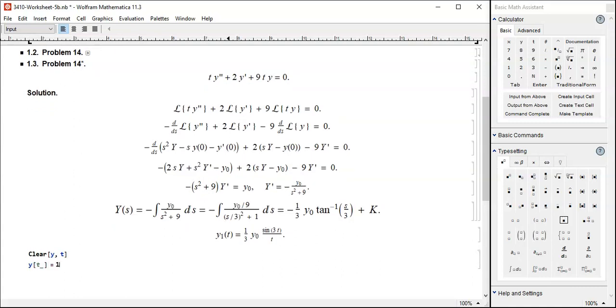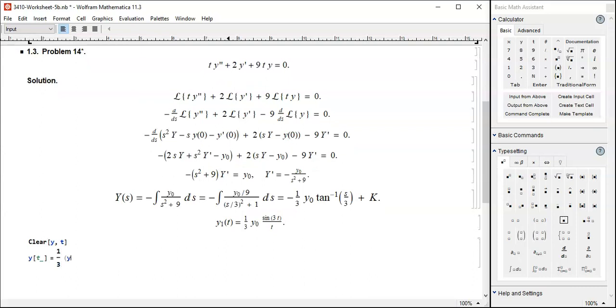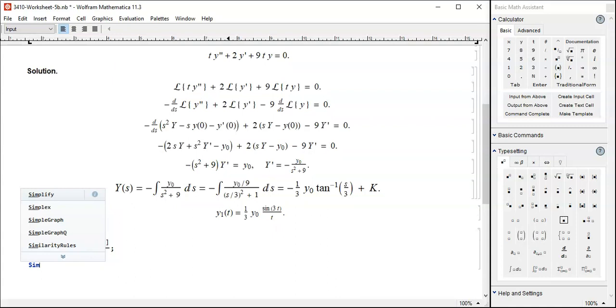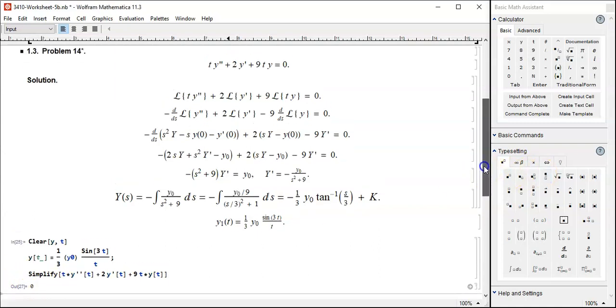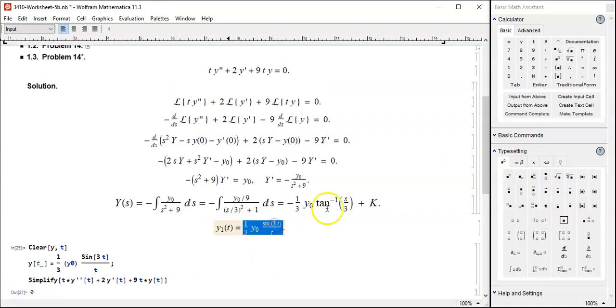Define y of t as 1/3 y naught sine of 3t over t, and then put everything into this differential equation here: t times y double prime of t plus 2y prime of t plus 9t times y of t. Simplify, what do you get? Yes, you're going to get 0. That confirms that this is actually a solution.